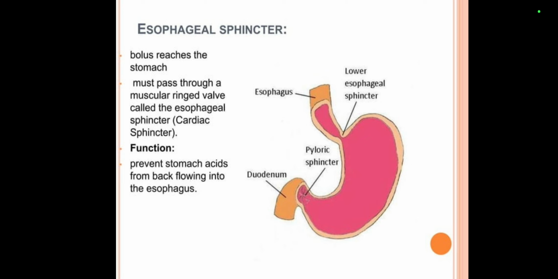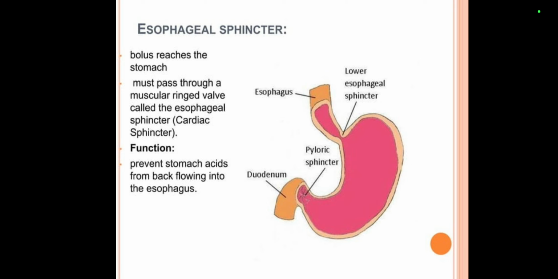When the bolus reaches the stomach, it will pass through a muscular valve called the esophageal sphincter. The esophageal sphincter is a valve that is a passageway of the bolus.